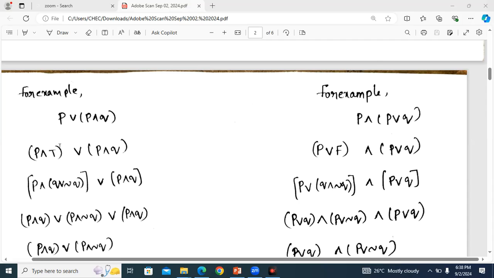In this conjunction we miss the variable Q. So by the negation law, we write Q or negation Q is equal to true. From the negation law, whichever variable is missing, we write the negation law for that variable. So (P and (Q or negation Q)) or (P and Q).